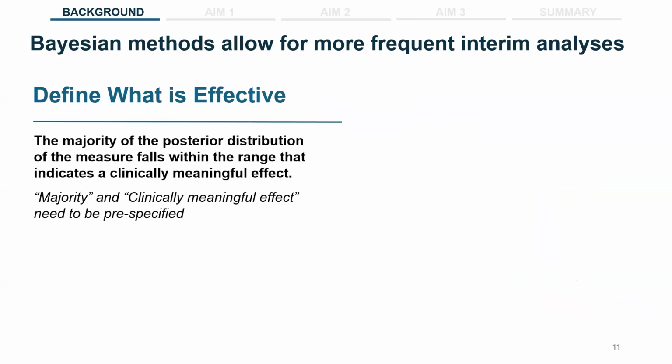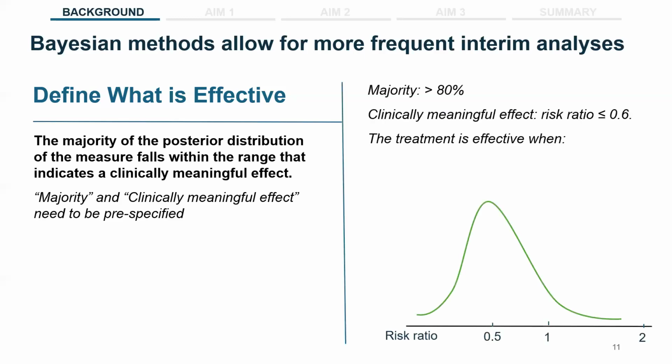Since the true effect is considered as a distribution, we can define a treatment being effective when the majority of the posterior distribution of the measure falls within the range that indicates a clinically meaningful effect. And what is the majority and what is a clinically meaningful effect need to be pre-specified.